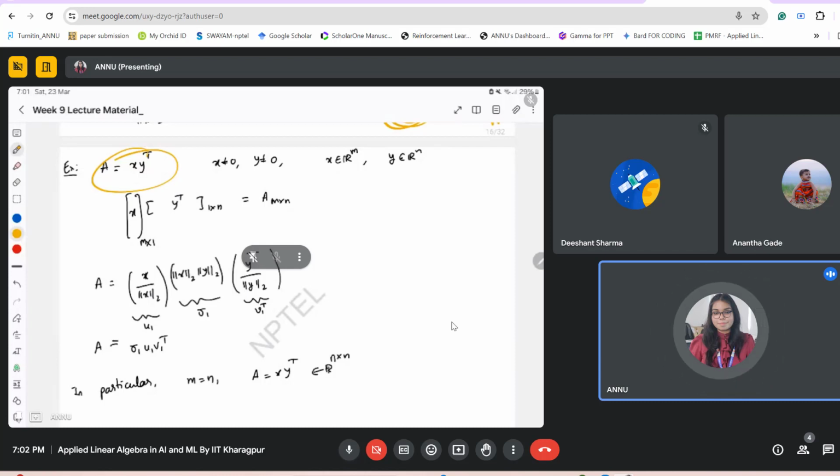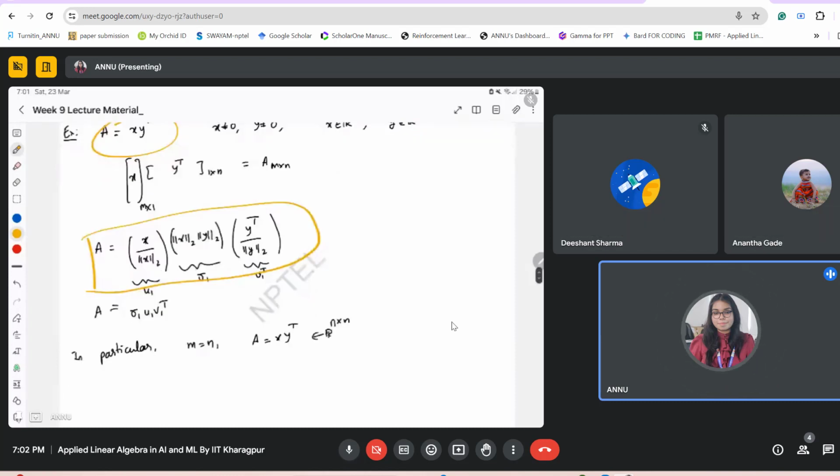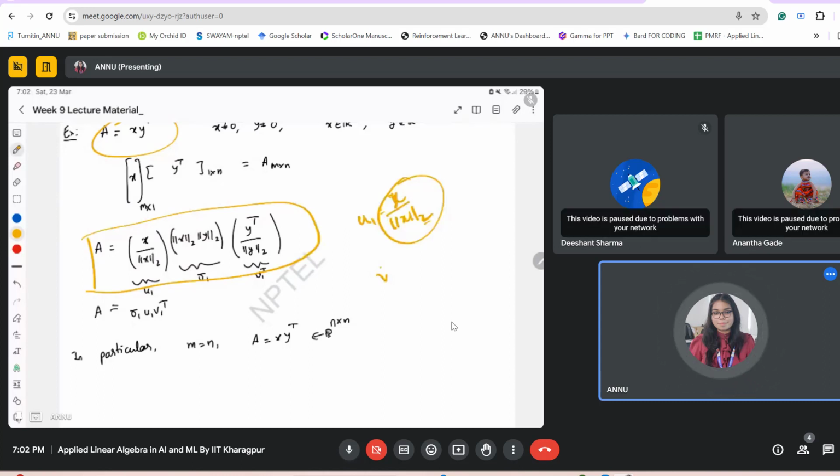You are just multiplying with x divided by mod of x, that is a unit vector. And sigma 1 is nothing but the magnitude of x and y. So you are just writing in terms of x y transpose, where the norms cancel, but the remaining term is x y transpose.